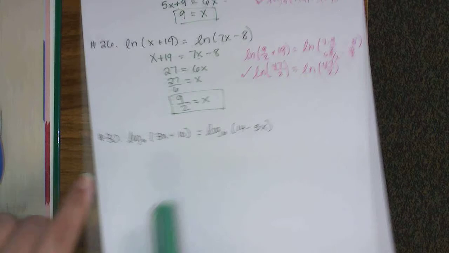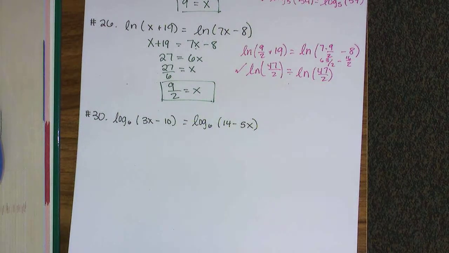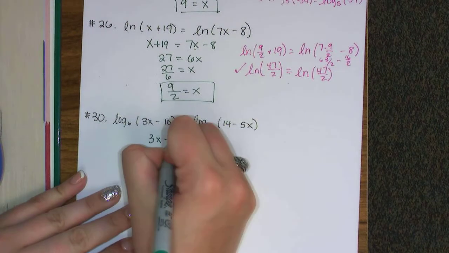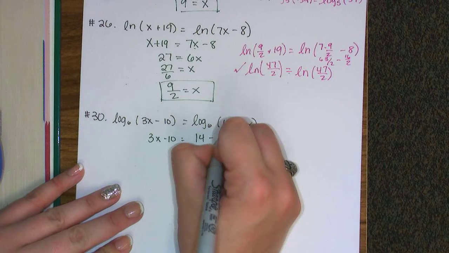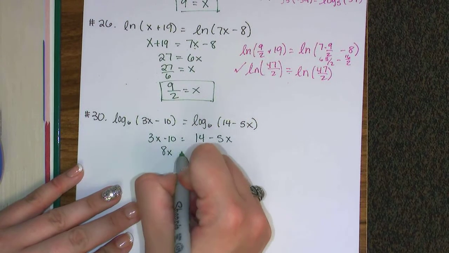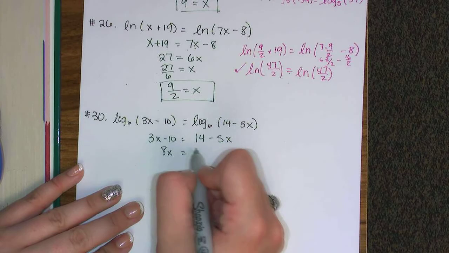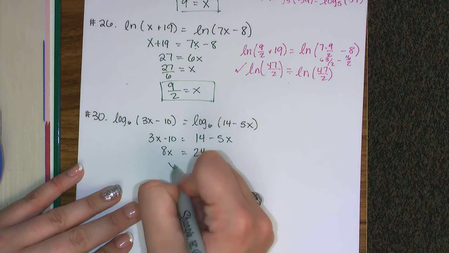Same log, same base. So I can say 3x minus 10 is equal to 14 minus 5x. Add the 5x over, so 8x is equal to 14 plus 10 is 24. So x is equal to 3.